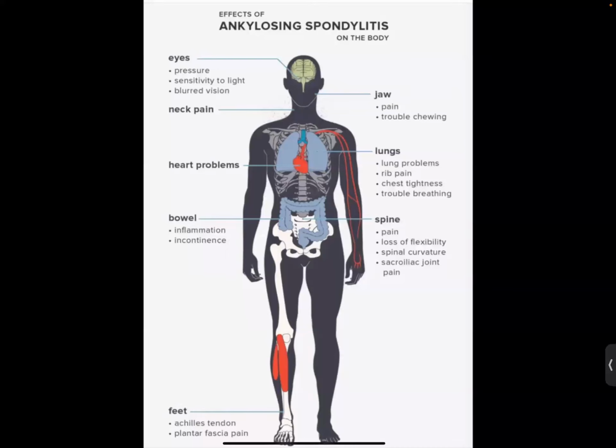And this may be the first presentation, sacroiliac joint pain. And if you ask for X-ray or MRI of the spine, you will find sacroiliitis. Lung problems, rib pain, chest tightness, trouble breathing because of deformity of the chest, scoliosis and kyphosis.